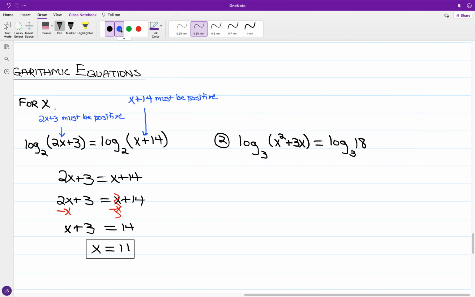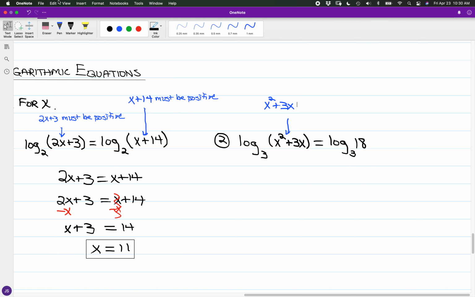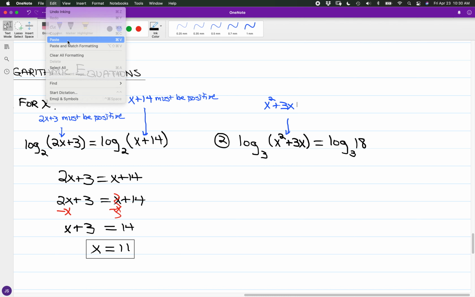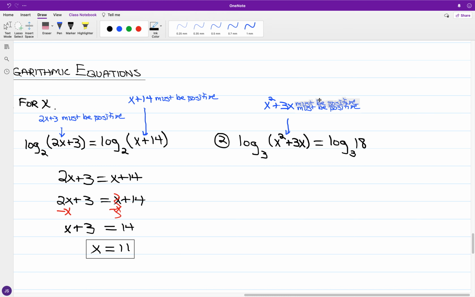So you have only one expression in x between the arguments. Once again, whatever we have for x squared plus 3x must be positive. We again have single terms in the same logarithmic base, and I can thus set the arguments equal to each other.